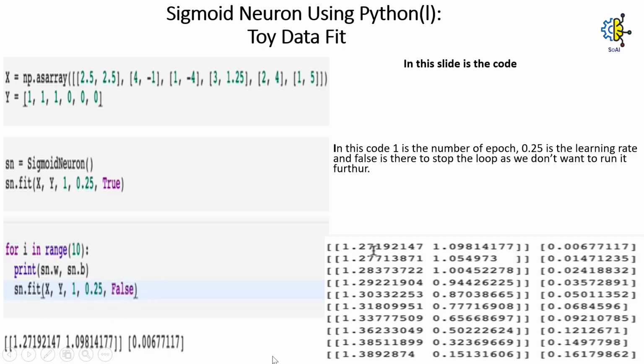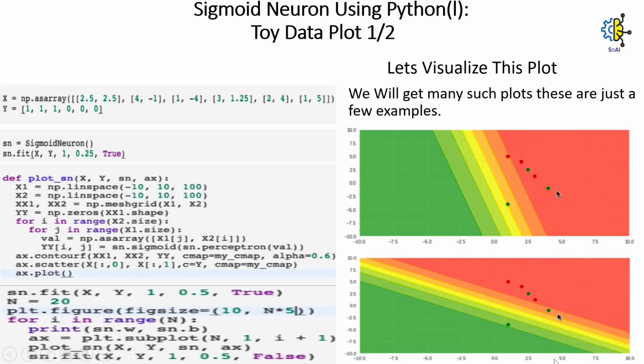And after that, there is another statement which is sn.fit with parameters x, y, 1, 0.25, True. And there is another statement which is sn.fit with parameters x, y, 1, 0.25, False. This is the value of sn.w, sn.b. And let's move to the next slide.